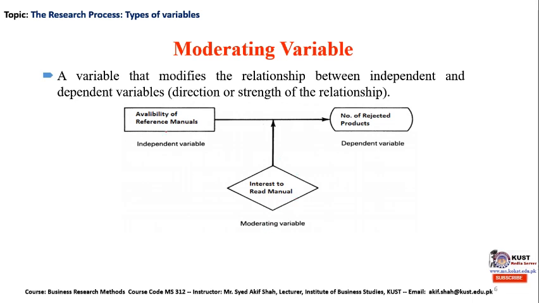The theory or phenomenon explains the number of rejected products: the workers are producing products, and those products will either be rejected or accepted by the customers. So when there is a flaw or defect in the product, the customer usually returns that product, and it is known as a rejected product.